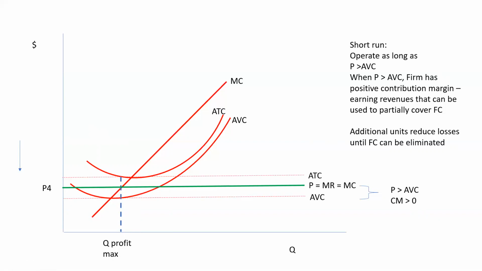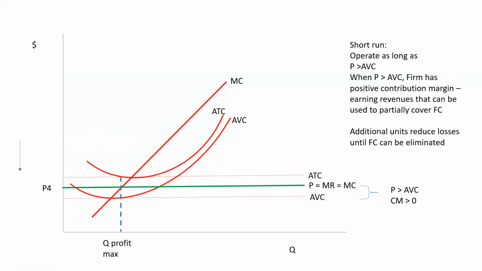If we were to shut down, we would have to pay $1,000 in rent regardless. If we can at least earn $500, we can reduce the $1,000 rent fee that we're going to have to continue to pay. So in the short run, when we still have fixed costs that we can't get rid of, it can make sense to continue to operate as long as the price is greater than the average variable cost, because we have a positive contribution margin.